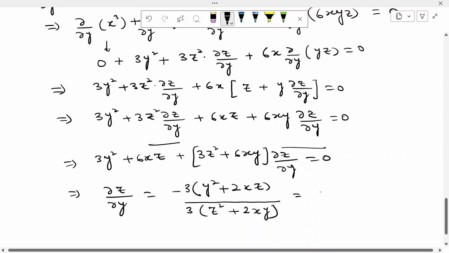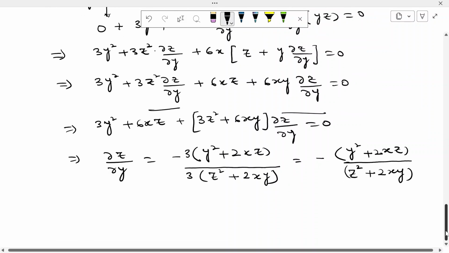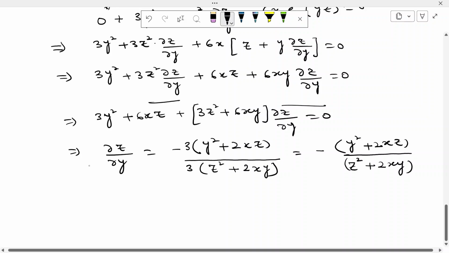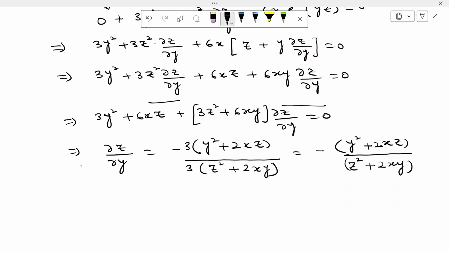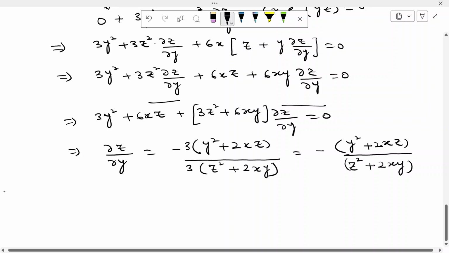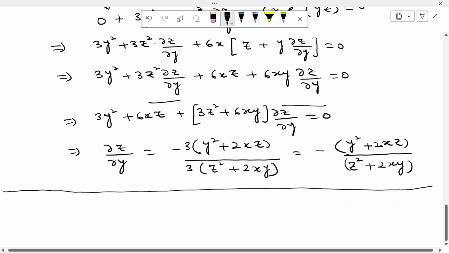So this will be minus (y² + 2xz) divided by (z² + 2xy). So this is what we have as our ∂z/∂y. So this is our partial differentiation of z with respect to y.